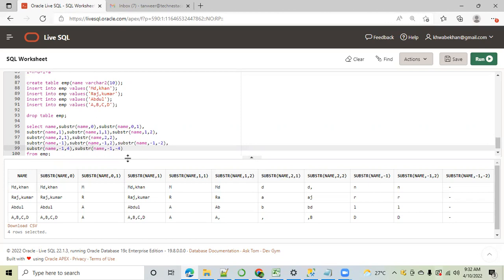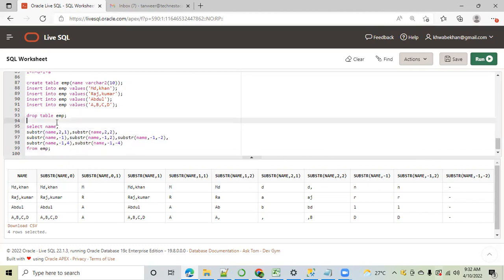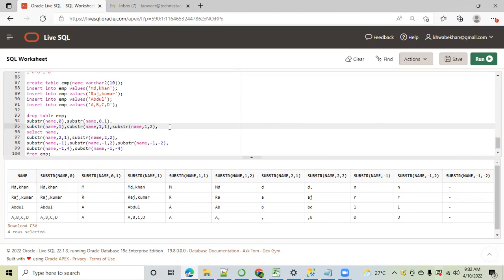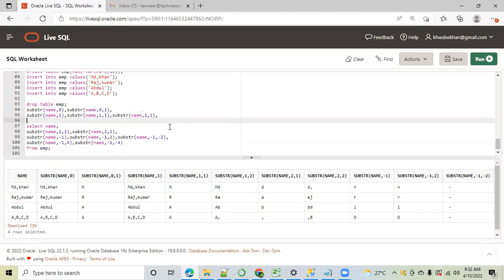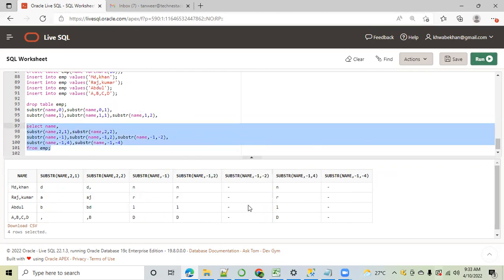Let me remove this for the time being. Concentrate on this part, from here.